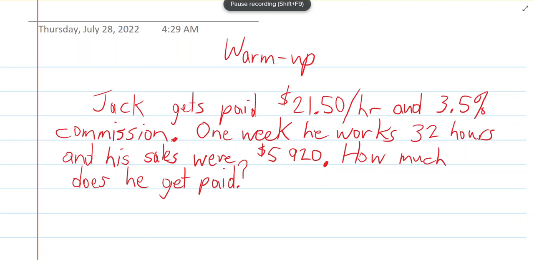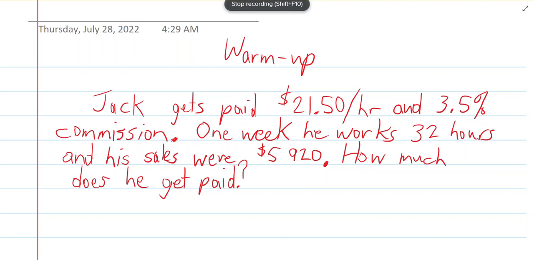One week, he works 32 hours, and his sales were $5,920, and I want you to find out how much he gets paid for this week, working 32 hours and making those sales of $5,920. Okay, so copy this down. Point form is fine. Copy it down and start to solve. Go. Pause the video so that students can work.